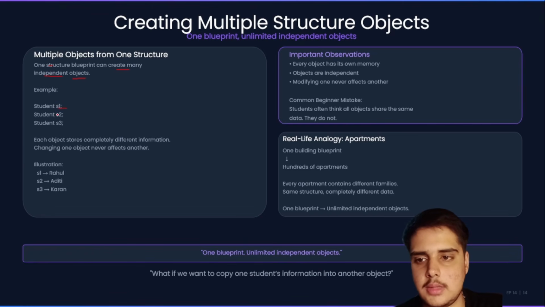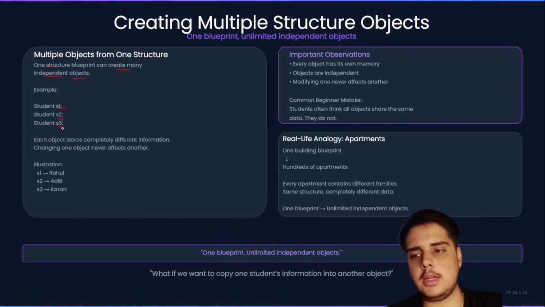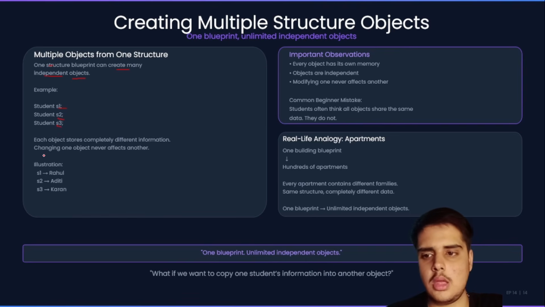For example, students S1, S2, S3 and so many more, up to infinity. As an illustration, S1 is Rahul, S2 is Ajiti, S3 is Karan. So creating multiple structure objects is so easy and so much easier to handle in coding.